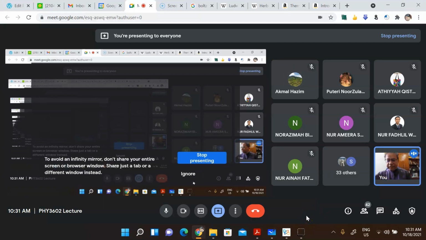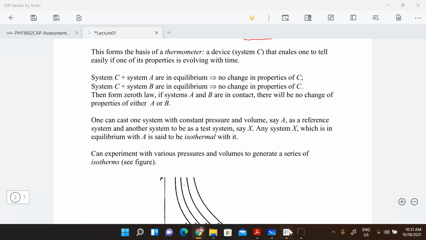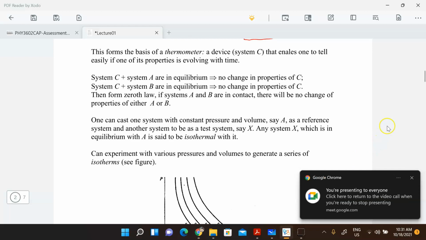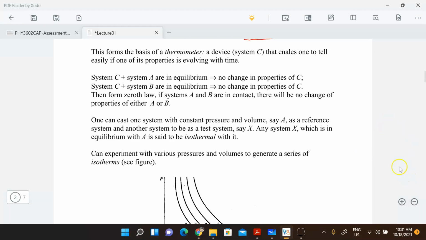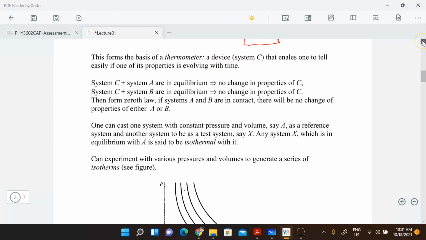When did I get disconnected? Okay, this one. Had I already started describing the thermometer? Okay, so I have to go back then.